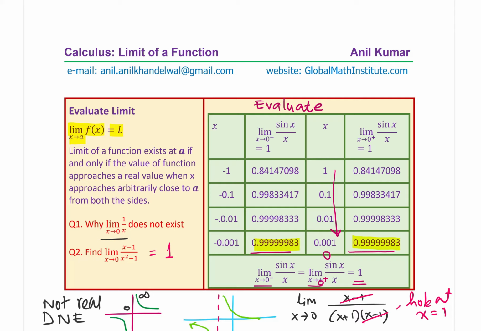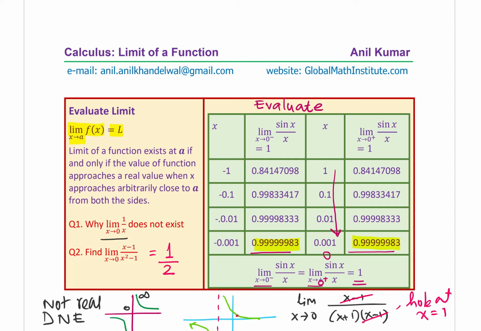Now, at x equals 1, when you substitute 1 here, it'll be half. Sorry, that is what you get, because substituting 1 after cancelling, you get this particular value. But remember, at 1, it has a hole.